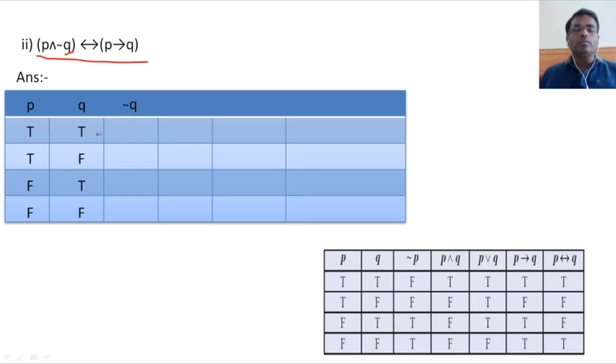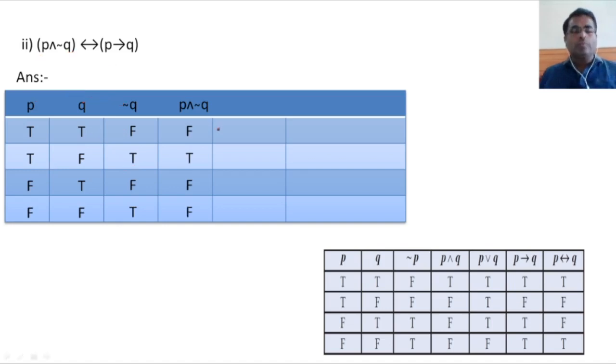Negation Q is exactly the opposite of this, so T transfers to F, F to T, T to F, and F to T. Then we need P and negation Q, that is the AND operation between these two. Only for true, true do we get true, otherwise it is false. So the first is false, the second is true, then false, false gives false, and false, true also gives false.